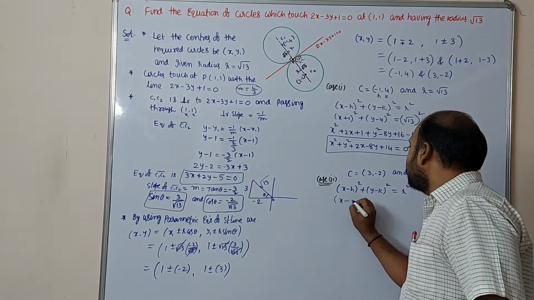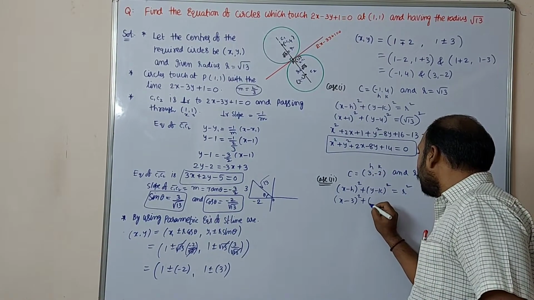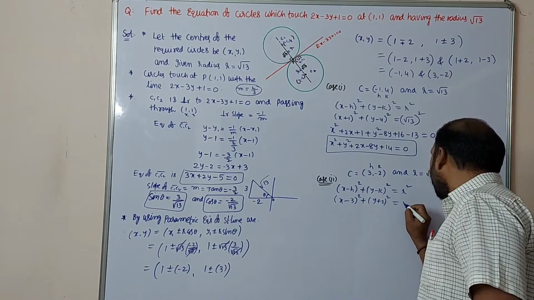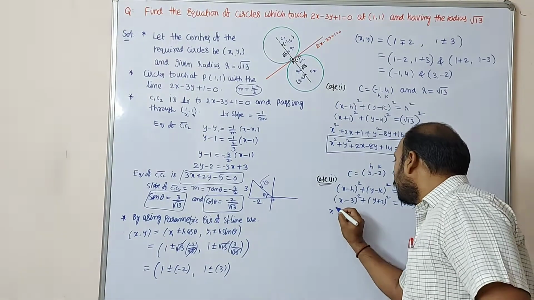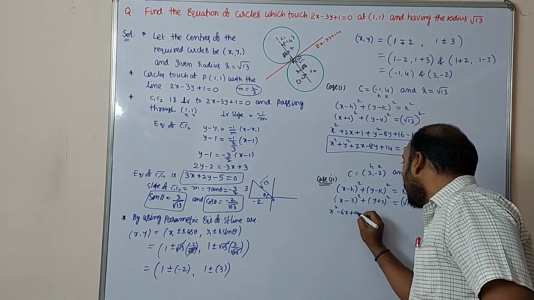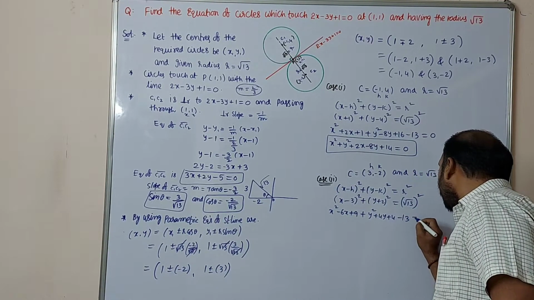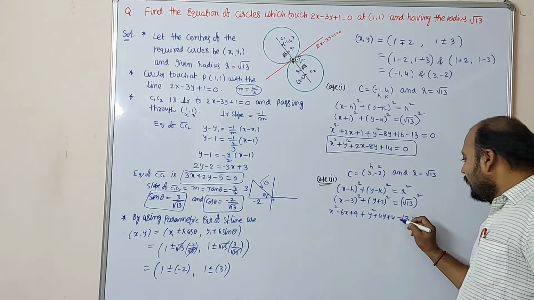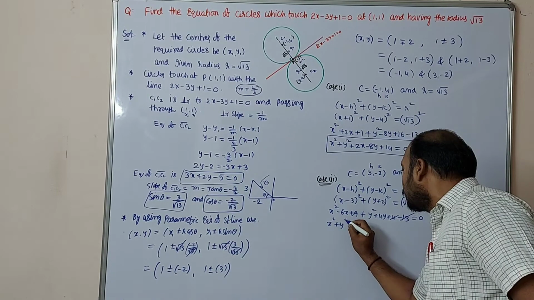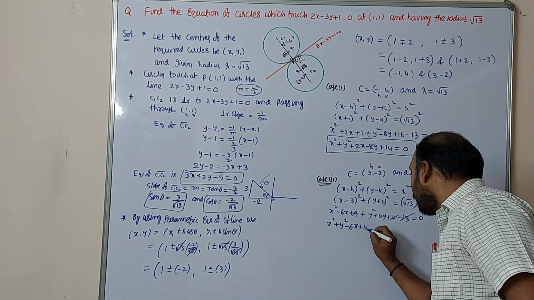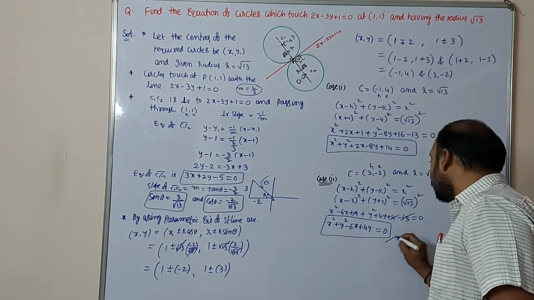Substitute: this is h, this is k. (x minus 3) whole square plus (y minus of minus 2, plus 2) whole square is equal to root 13 whole square. So x square minus 6x plus 9, y square plus 4y plus 4 minus 13 equal to 0. Minus 13, 9 plus 4, 13 cancel. So x square plus y square minus 6x plus 4y is equal to 0, which is the required circle.